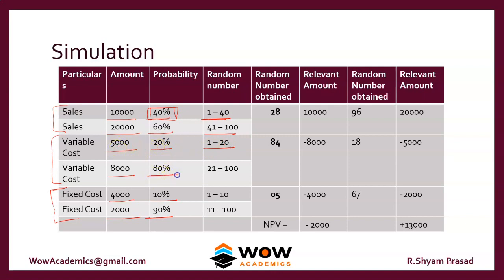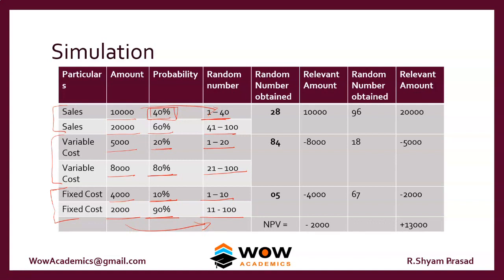The next variable cost of 80%, what we'll do is we'll allocate 21 to 100. So 80 numbers are there. So in the same way, for 10% probability we'll assign 10 numbers, and for 90% probability we'll assign 90 numbers. So we have assigned numbers to each of the cash flows. Okay, so that's how it works.